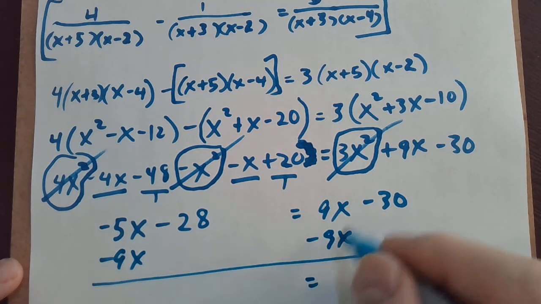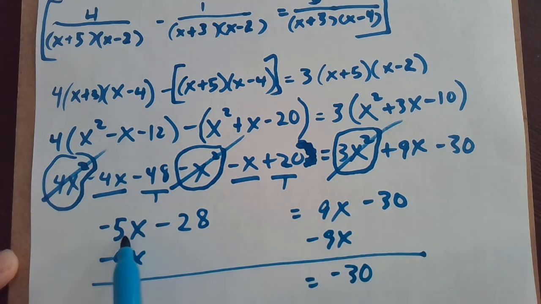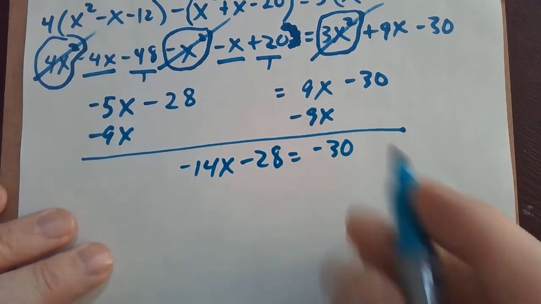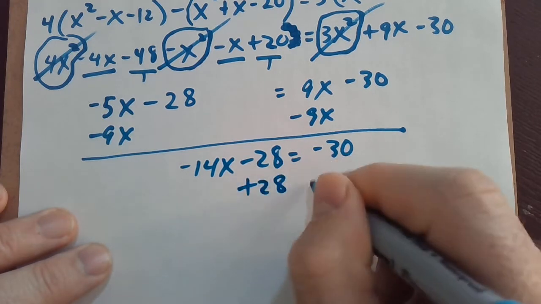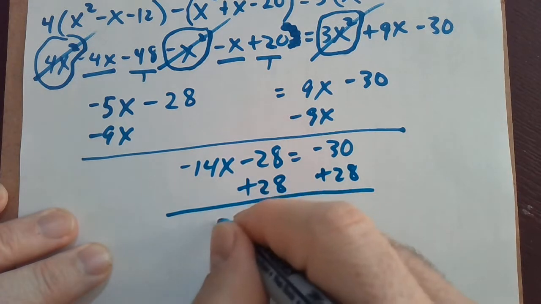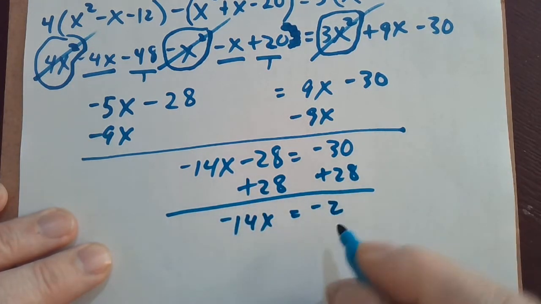So the right-hand side just becomes negative 30 because those cancel out. Negative 5 and negative 9. That's negative 14x minus 28. Add 28 to both sides. And what do we get? Negative 14x equals negative 2.